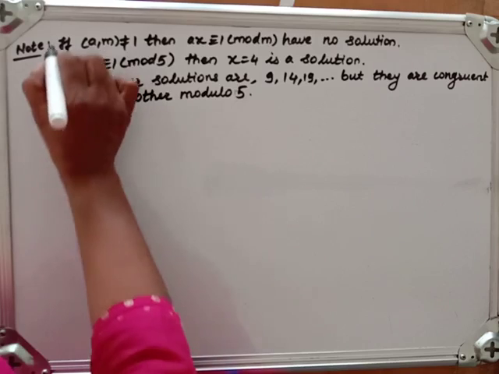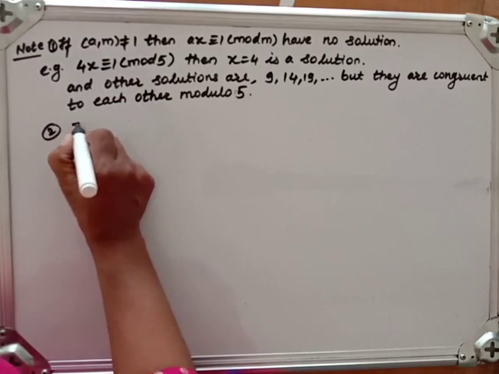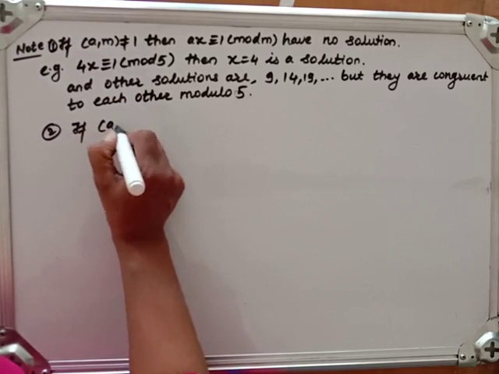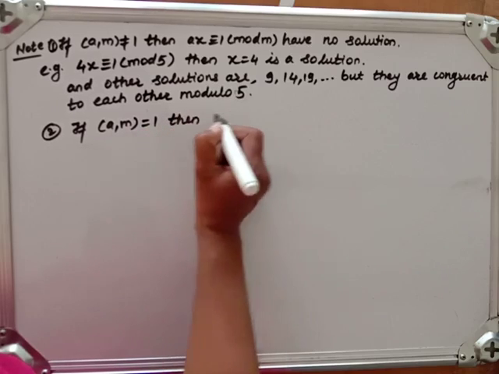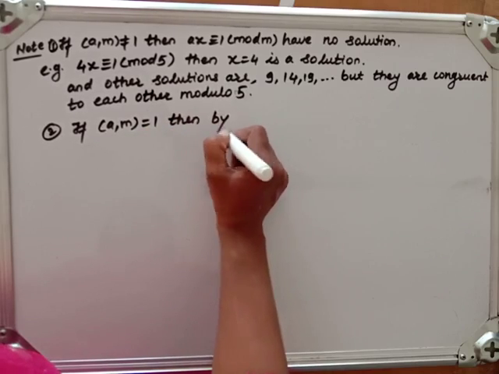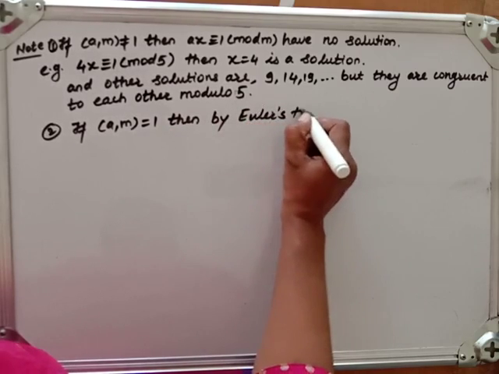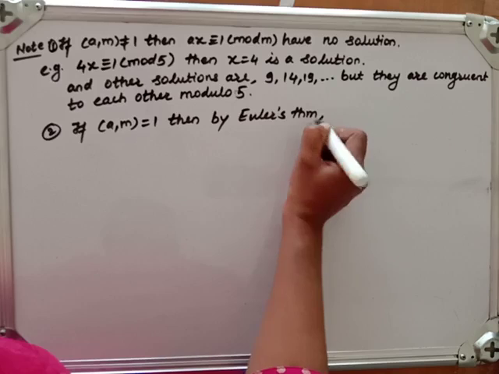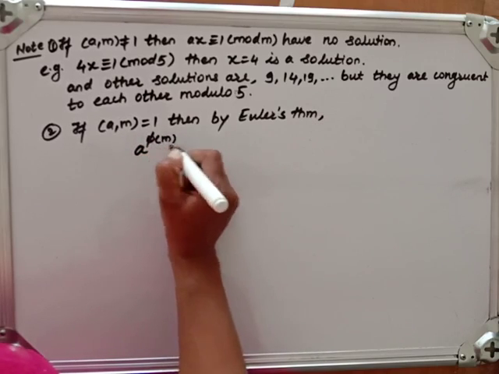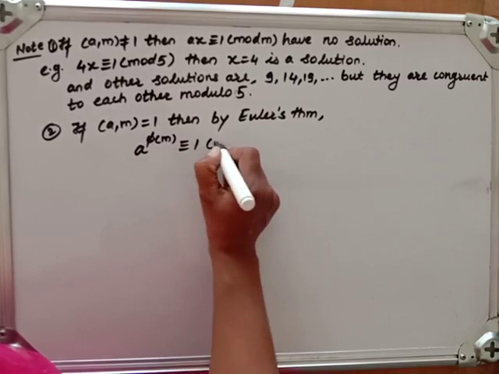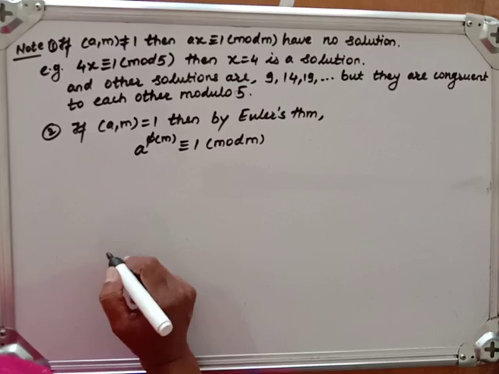Fine. Now another note. Second note: if A and m are relatively prime, then by Euler's theorem we can write A raised to phi of m congruent to 1 modulo m. This is Euler's theorem.